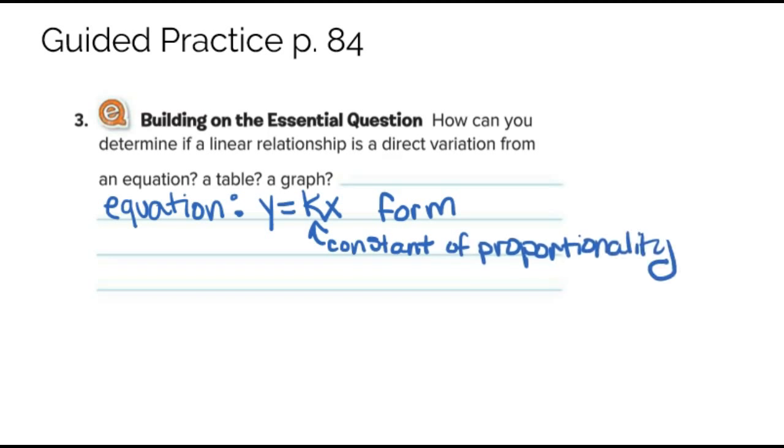Now, if you are looking at a table, you're going to have direct variation if there is a constant unit rate.